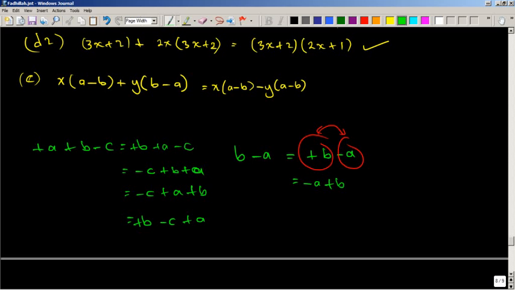Can you follow? You can rearrange the numbers any way you like, as long as you preserve the sign, plus or minus.